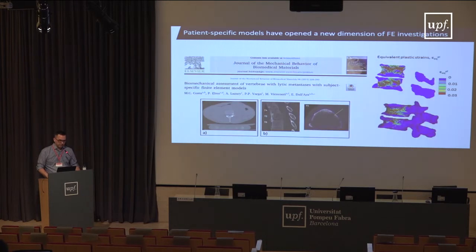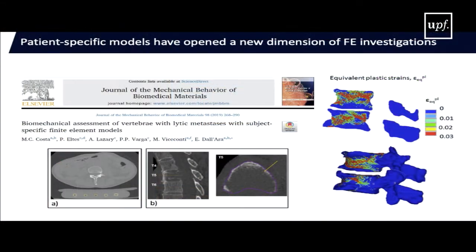But for example, in the first project that I want to show, we used this kind of approach to simulate and to find the association with pathological fractures in metastatic patients. Because not only degeneration is a big problem, but also the number of patients with spinal tumors is continuously increasing, because there are more and more people living with a longer history of malignant tumors, lung cancer, colorectal cancer, breast cancer, and so on.